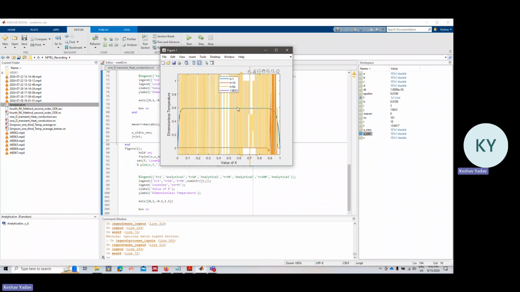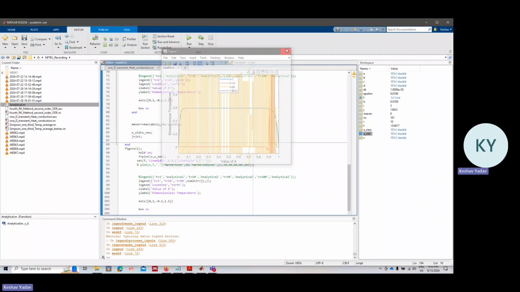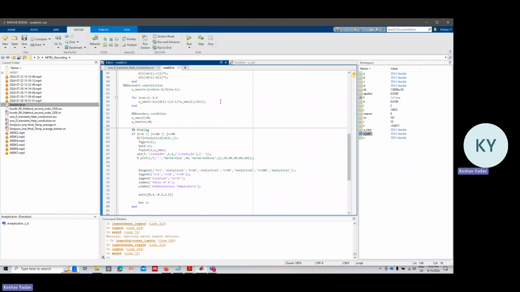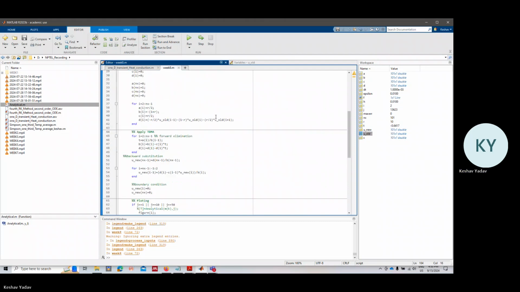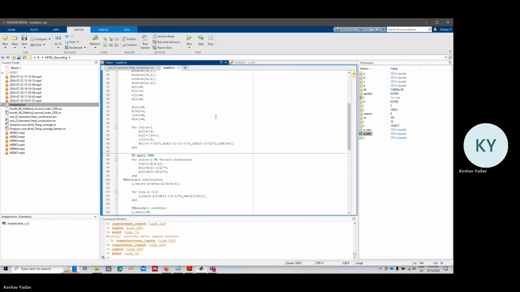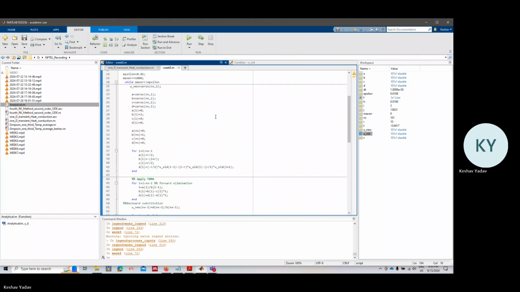It means there is some problem in the code. Okay. So I need to modify that. So I need to see where I am making some mistake. This is all right. This is all right.